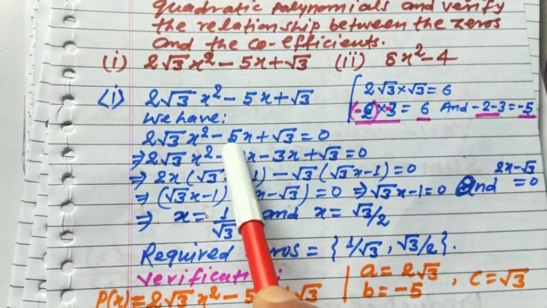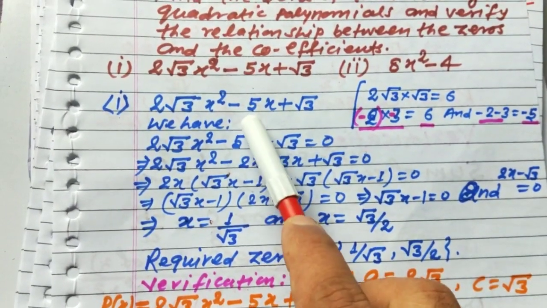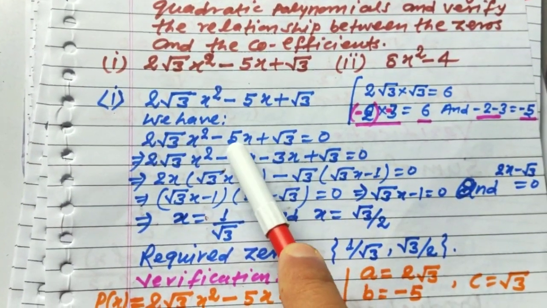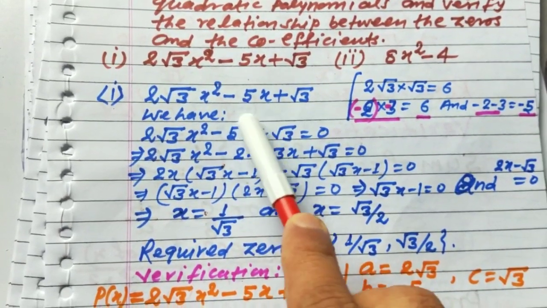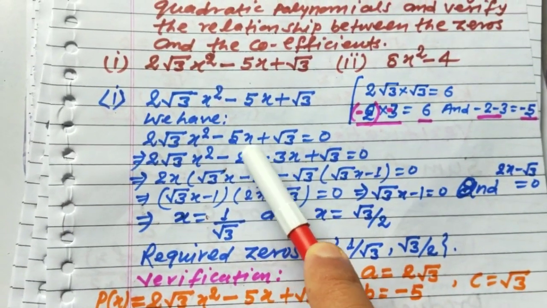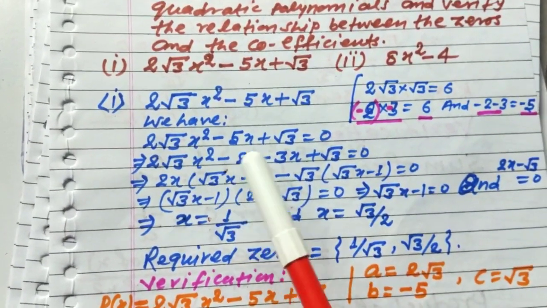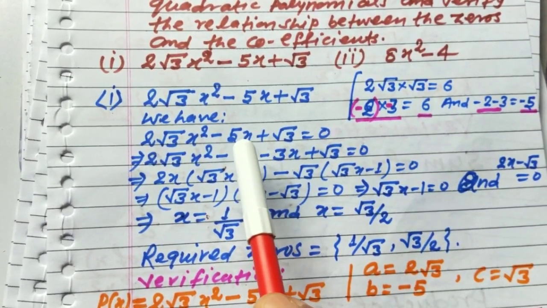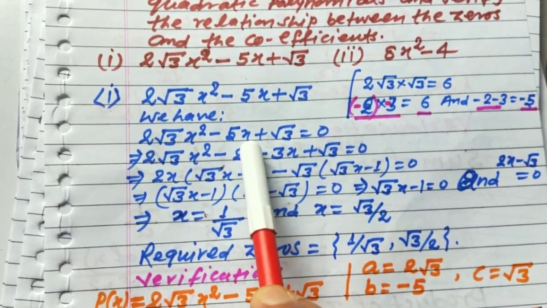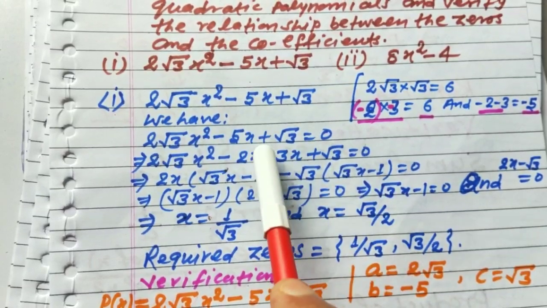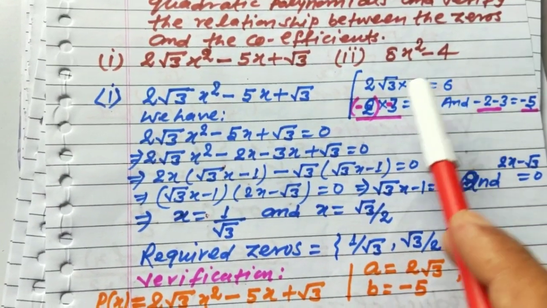Now we have to split the middle term into two parts such that their sum is equal to -5 and their product is equal to +6.